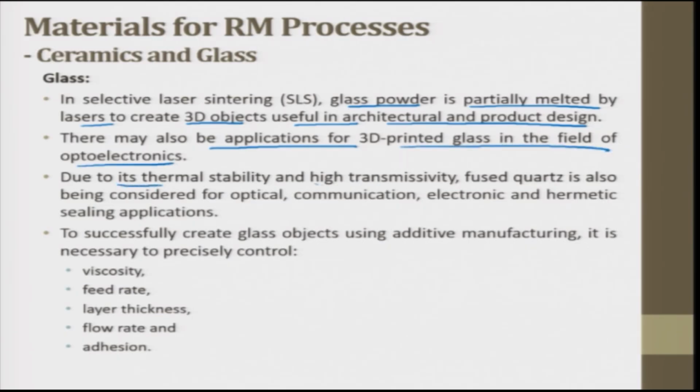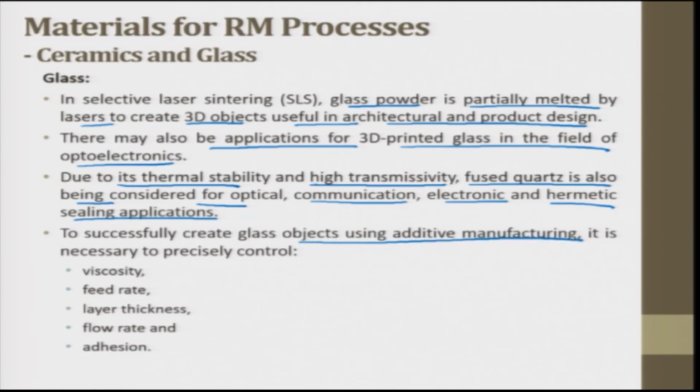Due to its thermal stability and high transmissivity, fused quartz is also being considered for optical, communication, electronic and hermetic sealing applications. To successfully create glass objects using additive manufacturing, it is necessary to precisely control these parameters: viscosity, feed rate, layer thickness, flow rate and adhesion.